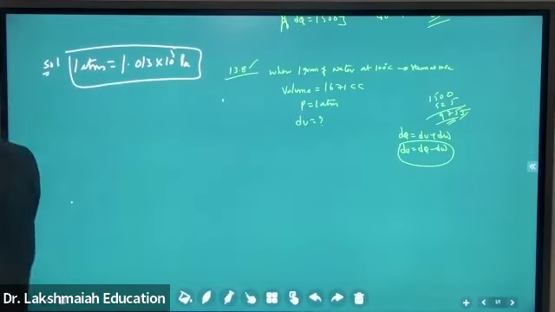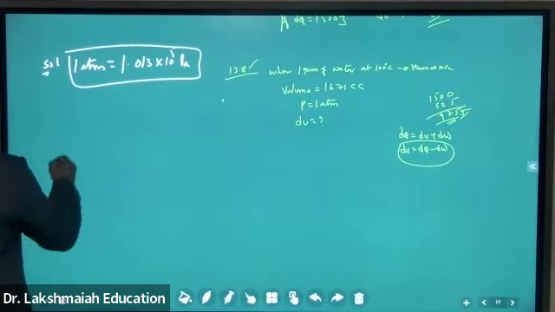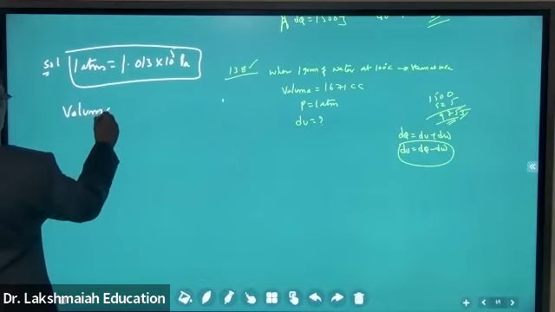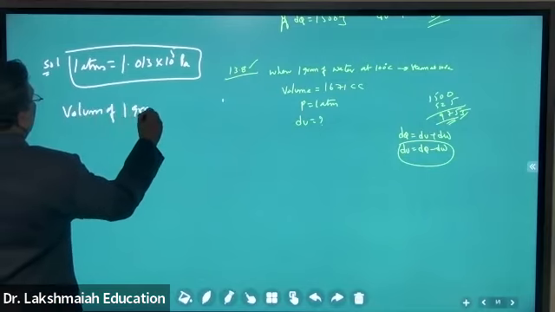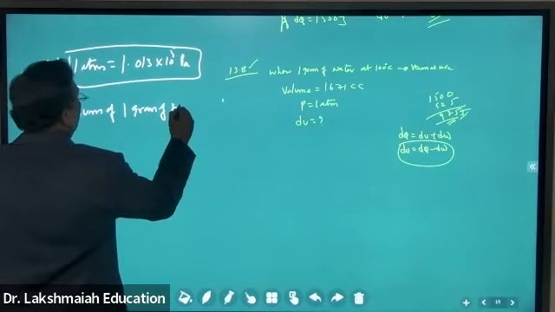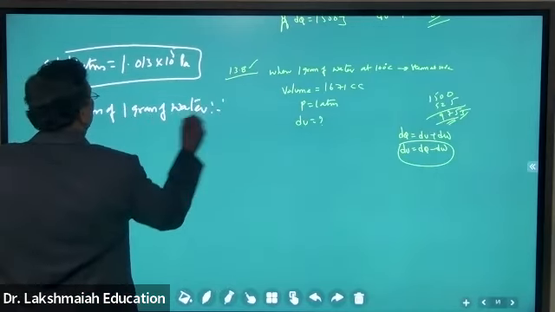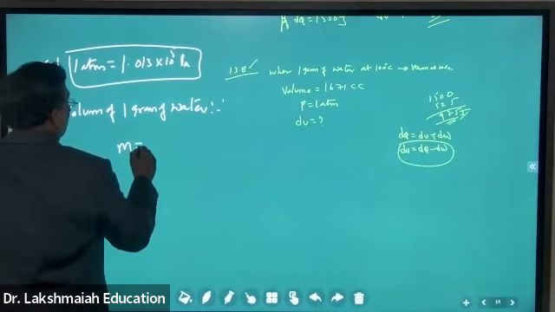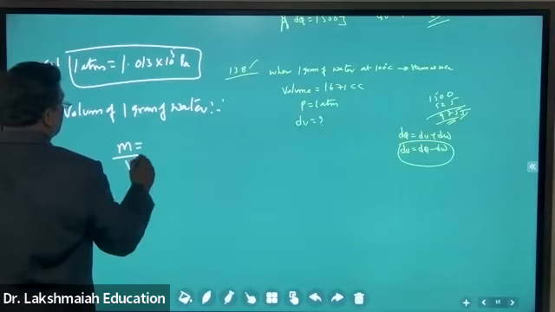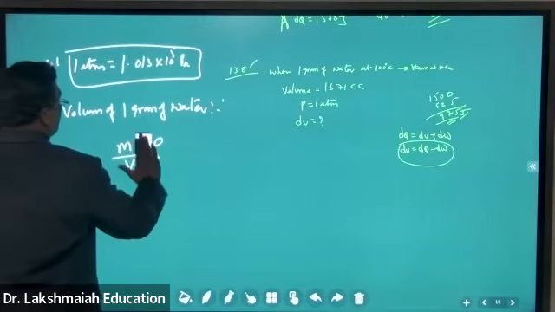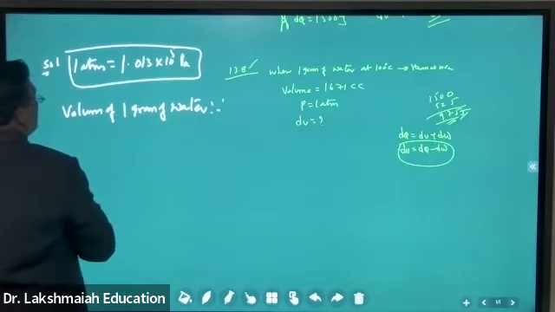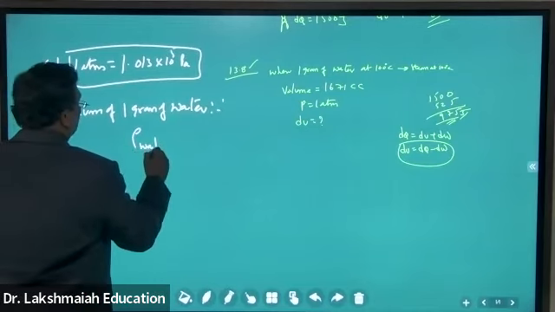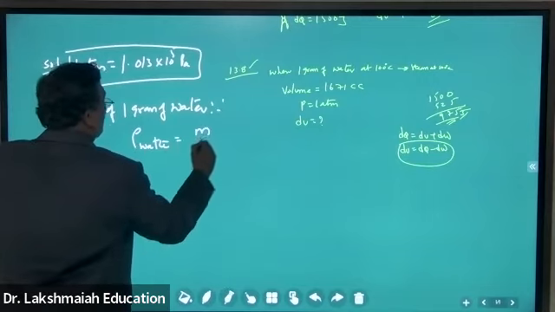Next, the volume of 1 gram of water you have to find out. Keshav, how to find it? Mass divided by volume is equal to density. Density of water is equal to mass divided by volume.